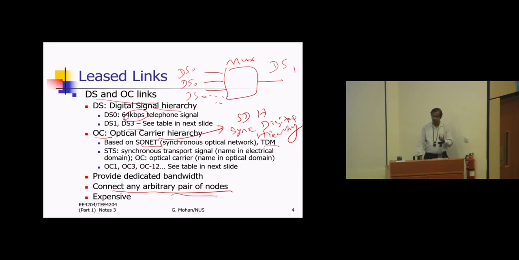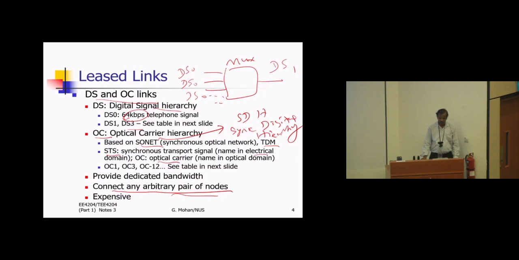So the frames are in electrical form, then when transmitted, they are in optical form. We give two different names in the context of SONET. When it is in the electrical domain, electrical signal forms, high voltage, 1, 0, we call it an STS signal, synchronous transport signal. When it is in the optical form, we call it OC, optical carrier.